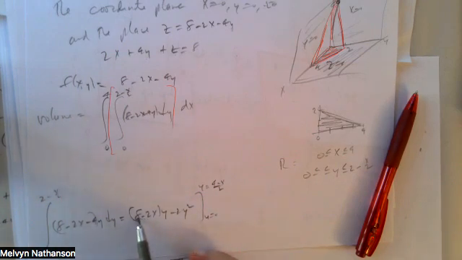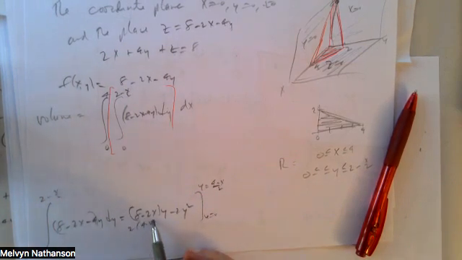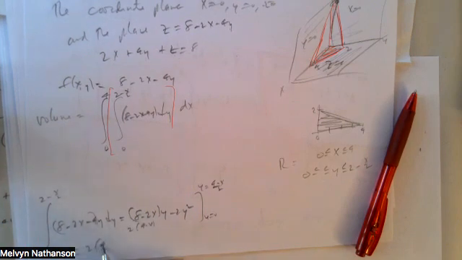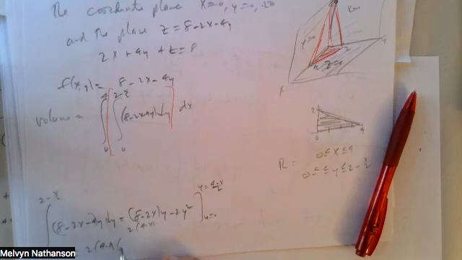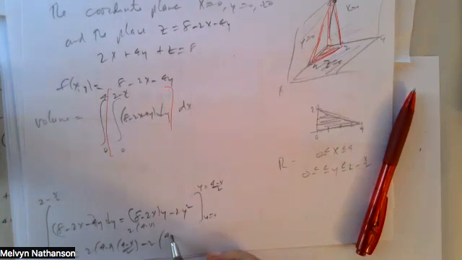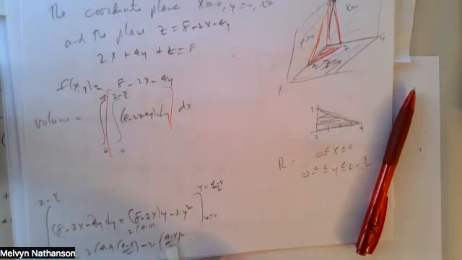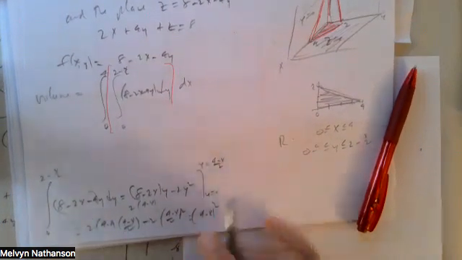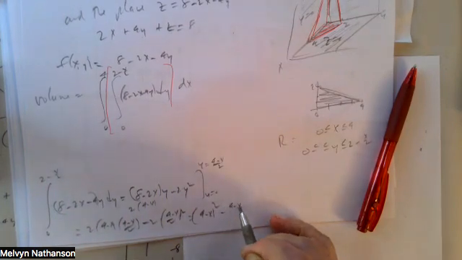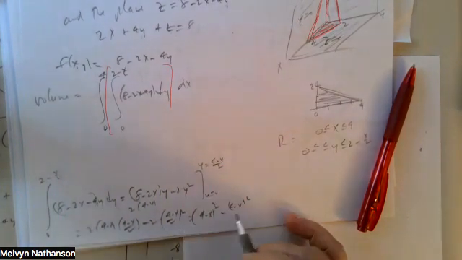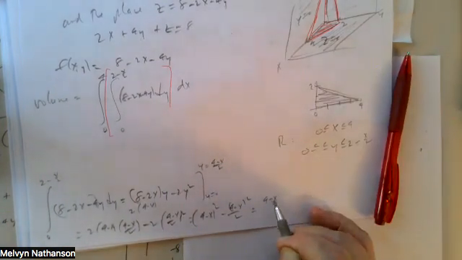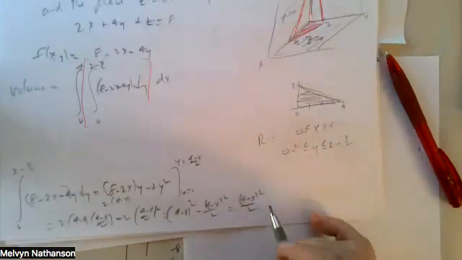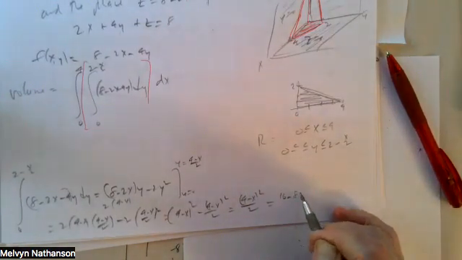So what do we get? This, by the way, is the same as 2 times 4 minus x over 2. So I get 2 times 4 minus x times 4 minus x over 2, minus 2 times 4 minus x over 2 squared. So this is 4 minus x squared over 4 times 2, which is 4 minus x squared over 2, which is 16 minus 8x plus x squared over 2.